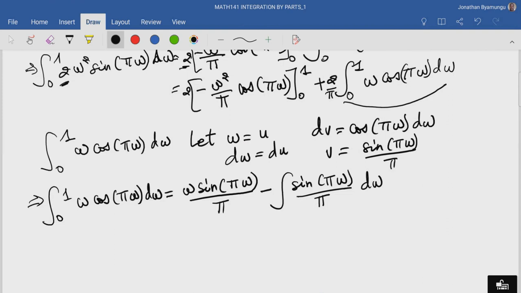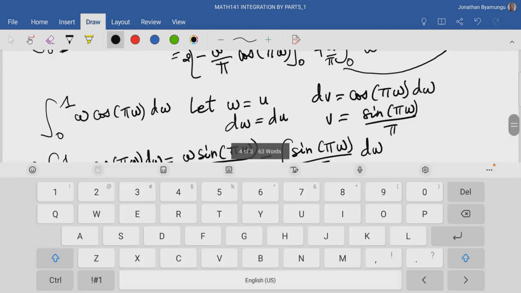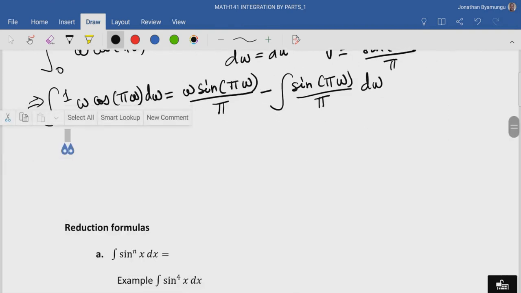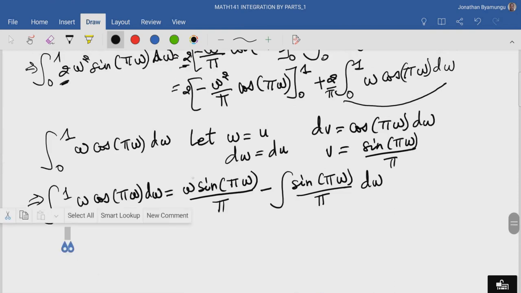Right. And of course, this is all evaluated between 0 and 1.